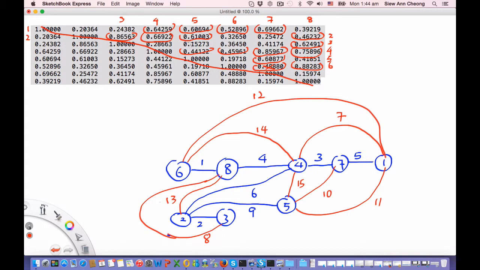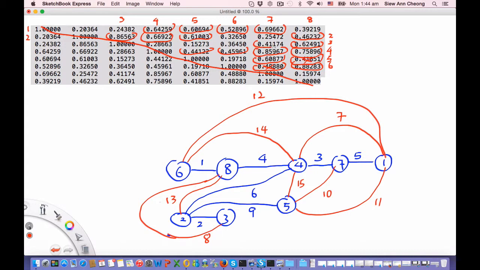And next we have 0.44 already. So there's 0.41 here, 0.418. Okay, 0.418 is the next largest. 0.418 is between 8 and 5. And you can see that there is no rearrangement that will allow us to draw a link between 8 and 5. So this has to be skipped.